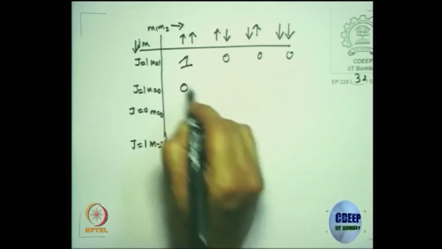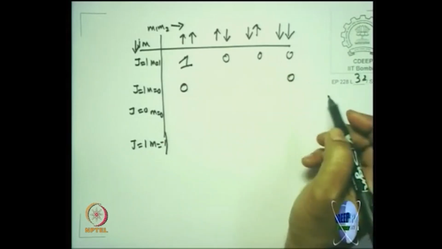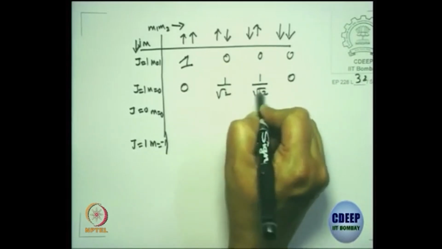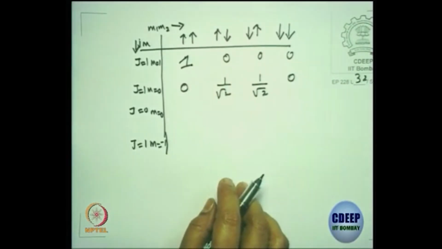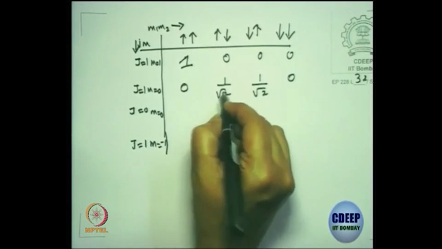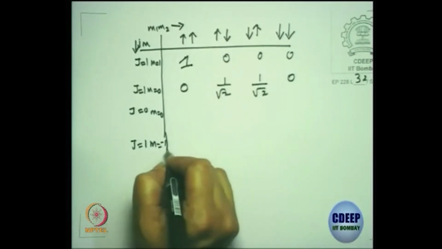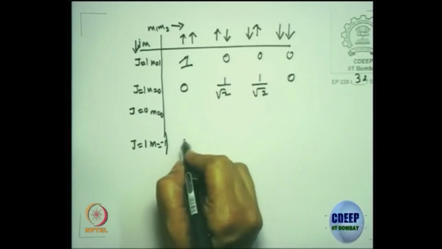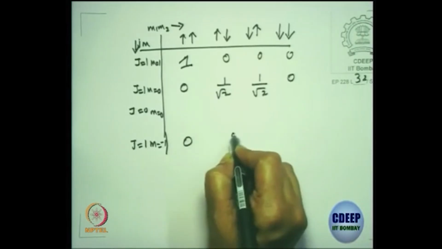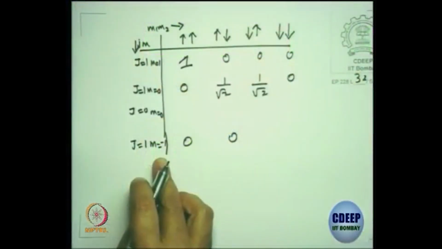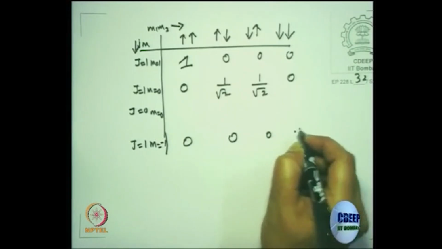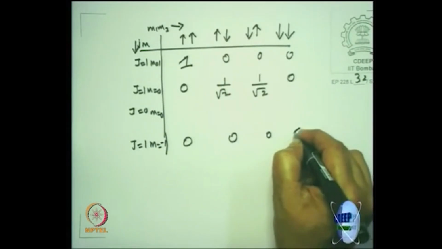So this is 0, this is 0, this is 1 over square root 2 and 1 over square root 2. What about j equal to 1 and m equal to minus 1? Which one will contribute? Will this contribute? Why won't it contribute? m1 plus m2 should add up to minus 1. Which is the only possibility? This one. So this is the lowest stretch state. That also I can put to be 1.